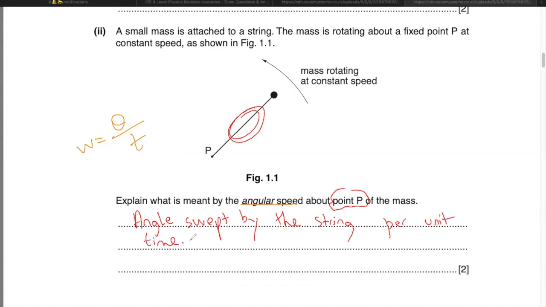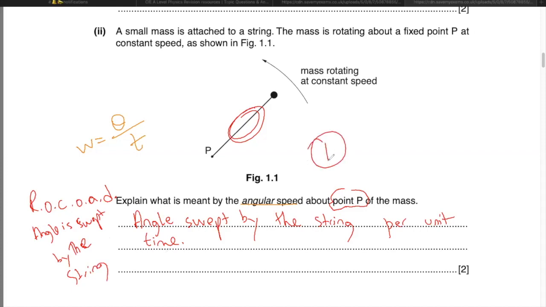You can also say rate of change of angular displacement, and you have to mention that angle is swept by the string. So the ones who answered rate of change of angular displacement, that's the correct answer, but you're only going to get 1 mark. The second mark is for angle is swept by the string.